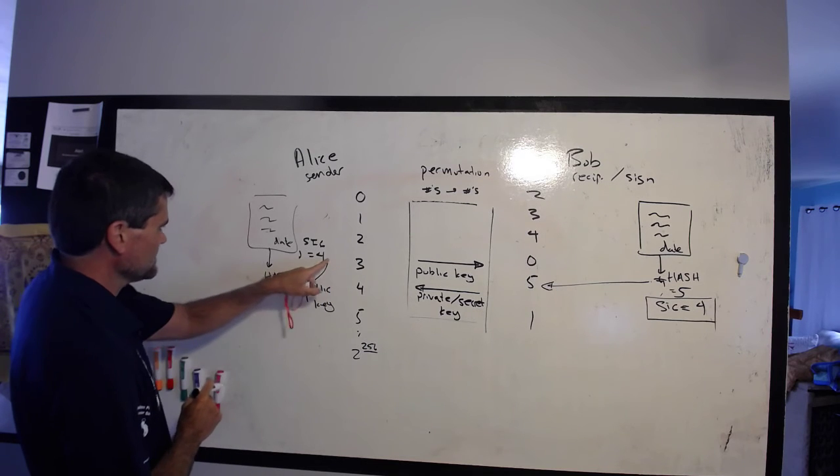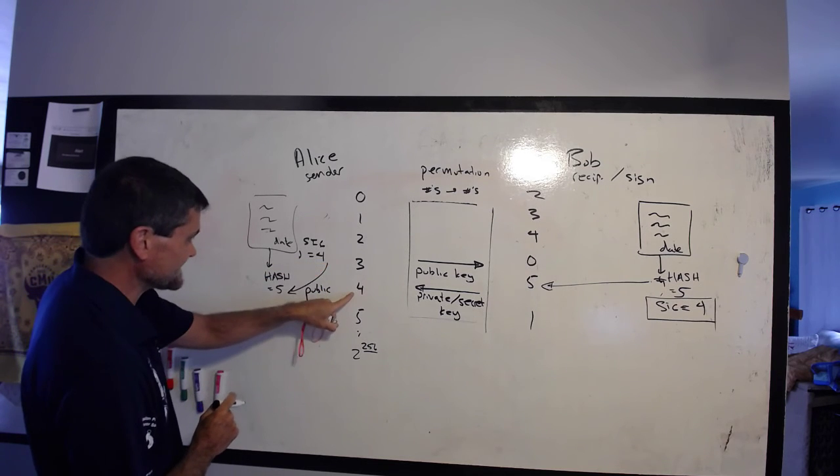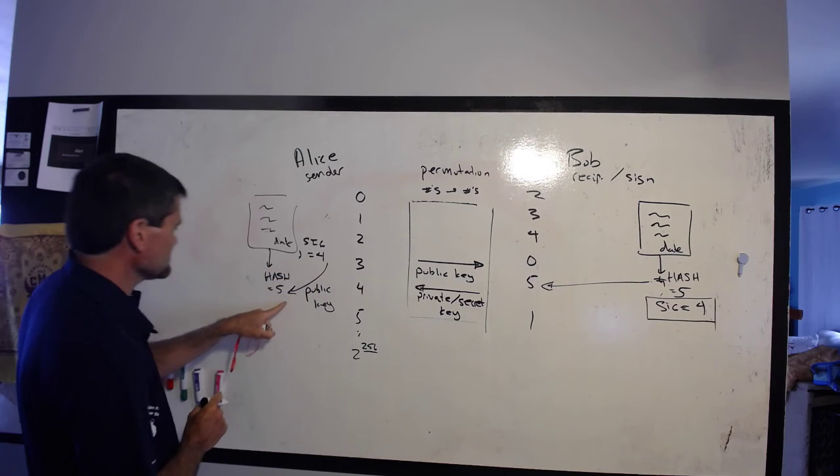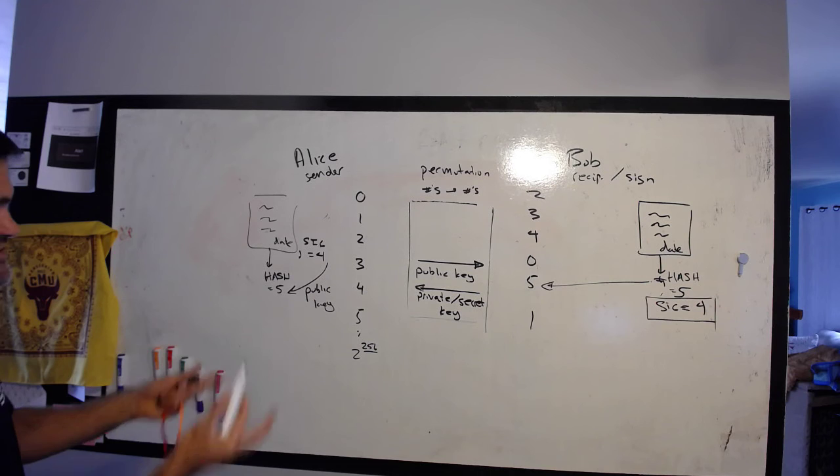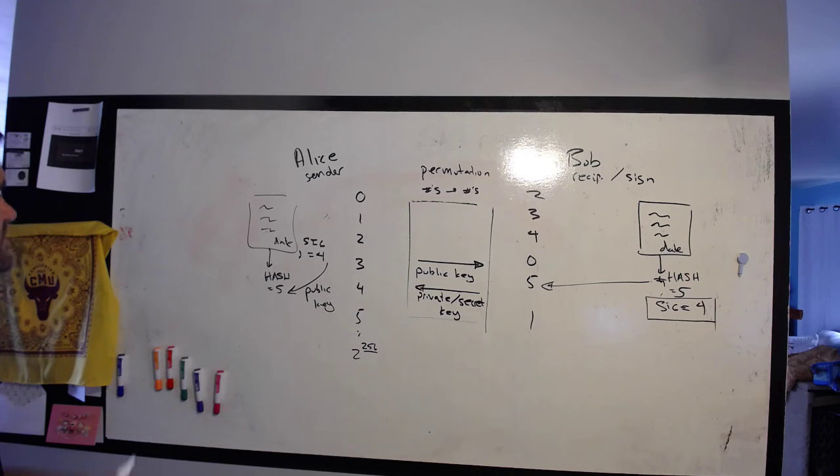They can take this signature, which is on this side, and map it using the public key to go to that side. So this permutation scheme allows you to do what's called a digital signature.